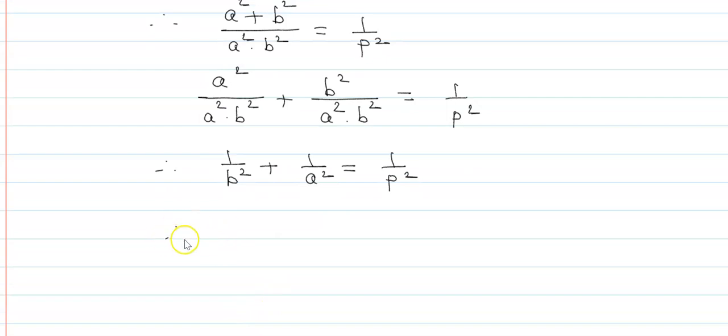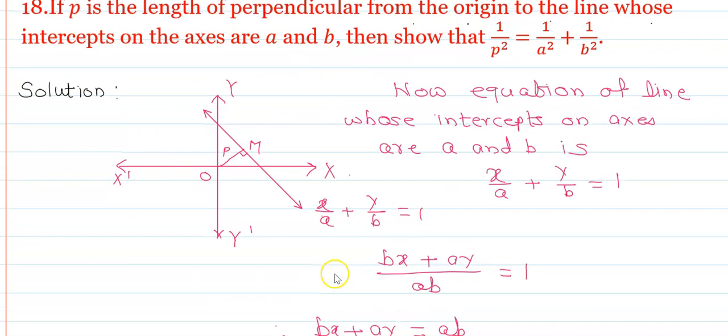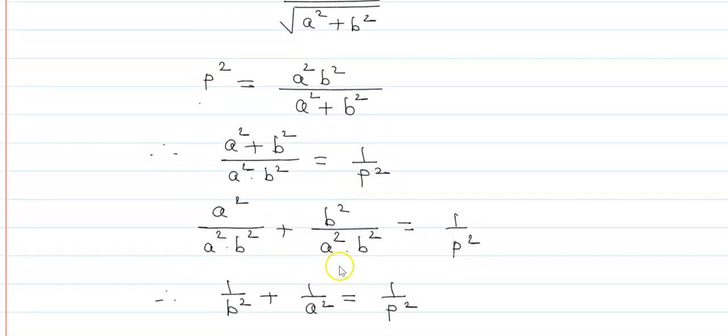Again, it can be written as 1 upon a square plus 1 upon b square is equal to 1 upon p square, and hence it is proved.